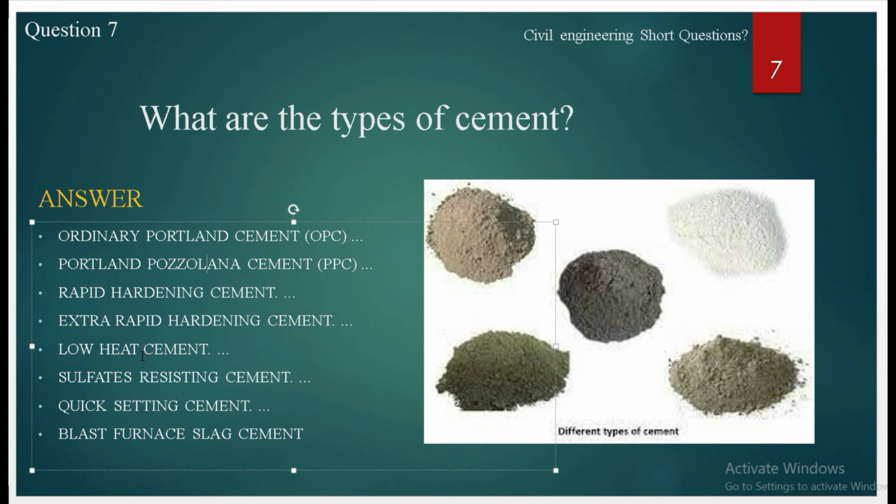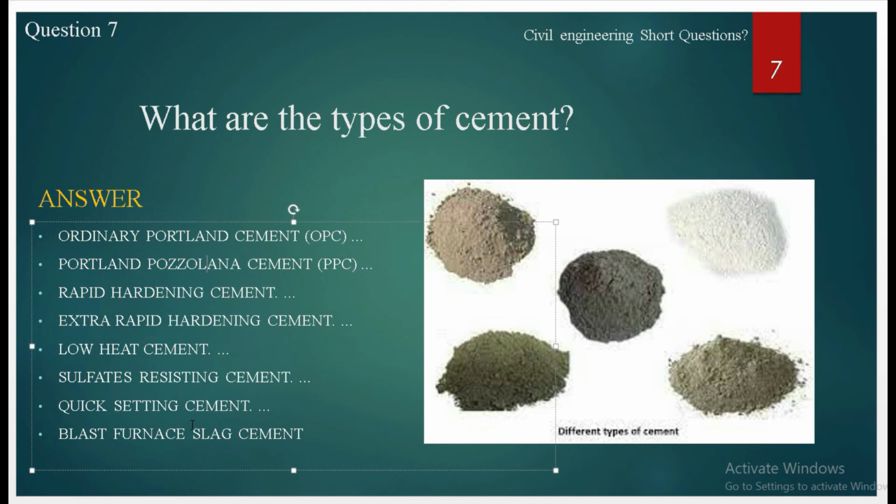And then we have the extra rapid hardening cement. We have the low heat cement, which I believe is used for dams, in which less amount of heat is released during the hydration process. In rapid hardening cement, enormous amount of heat is released, so that's a disadvantage we have.